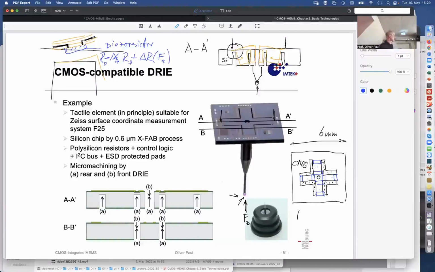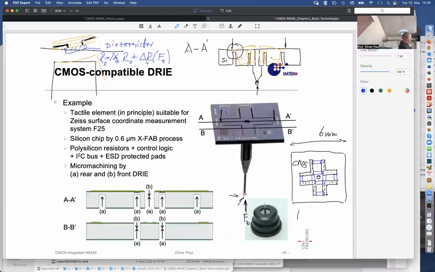And so measuring a resistor is nothing difficult. You apply voltage, you measure current, you apply current, measure voltage, and then you have your resistance, and you have your resistance change. And you can do that with many tricks like this and this.